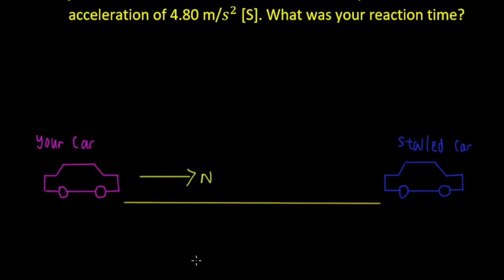And the distance between your car and the stalled car is 48 meters as given in the question. Now, you notice that there's a stalled car in front of you. There will be some time passing while you're trying to react to this. And that's your reaction time.